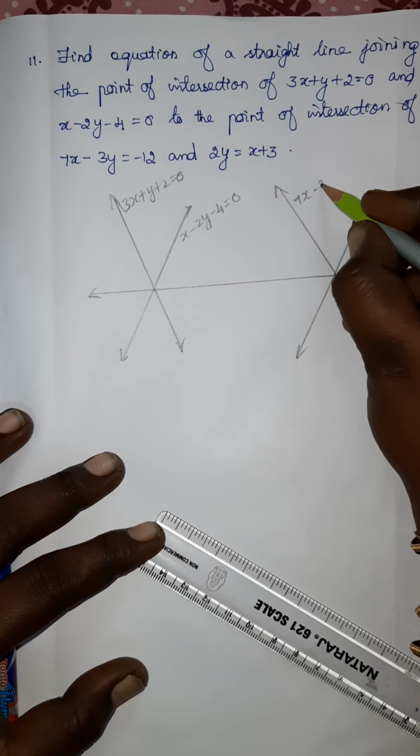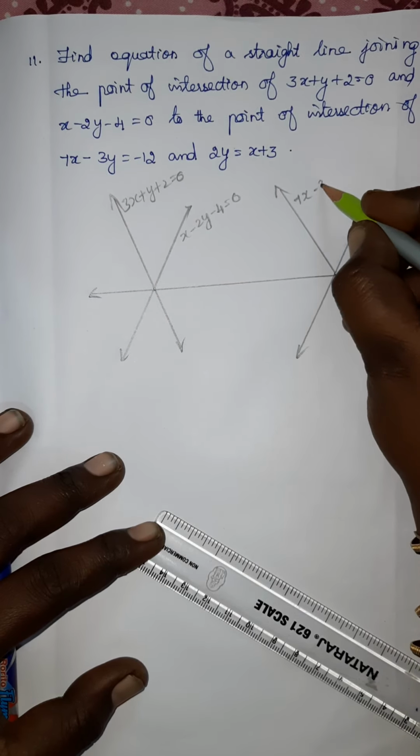We need to find this equation. It is the required line. Okay. So we can find the point of intersection of the first 2 lines first. Now the diagram is included in the solution.